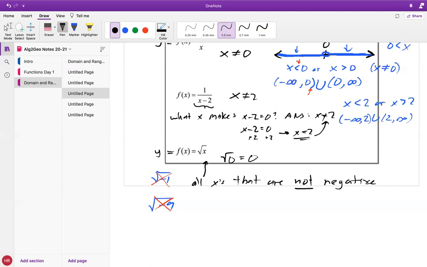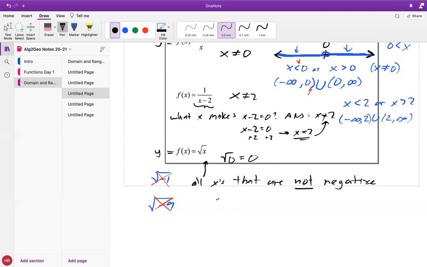Zero is not negative, and all the positive numbers work. I can take the square root of any positive number I want. You're welcome to try in your calculator, but the square root of 1 is 1, the square root of 4 is 2, the square root of 9 is 3, and so on and so forth. So basically the x's that I want are the ones that are not negative.